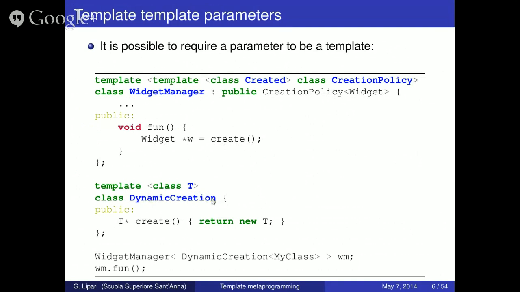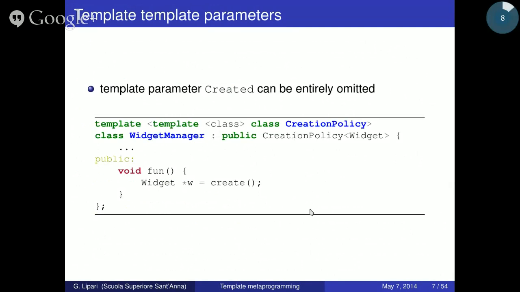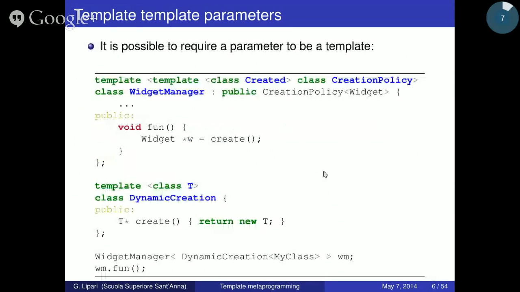For example, you can have dynamic creation, and so the WidgetManager is going to do dynamic creation of my class, WM. For dynamic creation we just call new. Or you can have another, for example, creation on the stack, which is going to create the object in your own memory. So you can customize the way WidgetManager creates objects by using this creation policy.